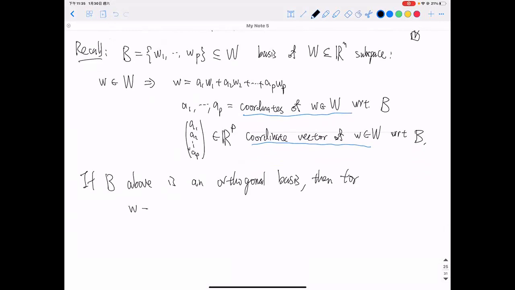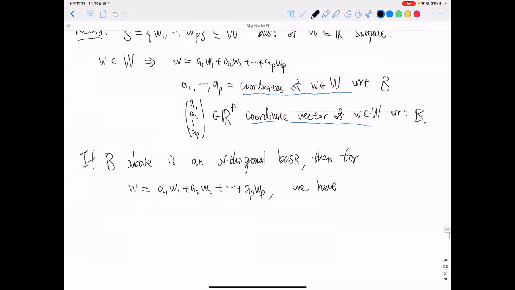For W equal to A1 W1 plus A2 W2 plus AP WP, we can take the dot product with Wi for each i. On the left hand side, we will be looking at W dot Wi.